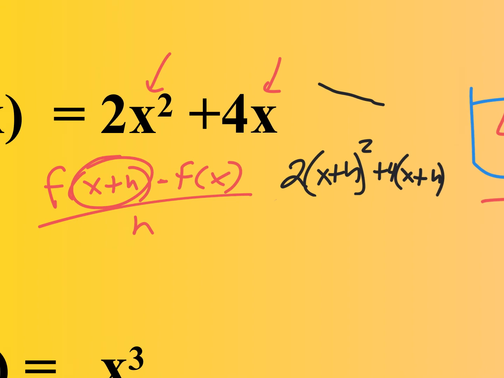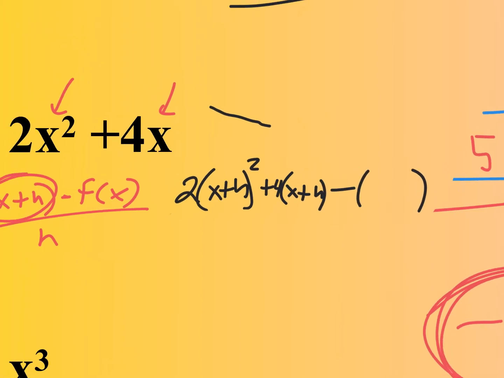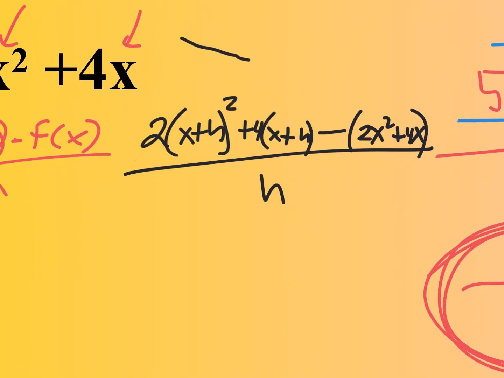And then I have to subtract f of x now. Parentheses for my f of x so that I don't only subtract the first term. All over h. I'm going to do a 1, 2, skip a few.